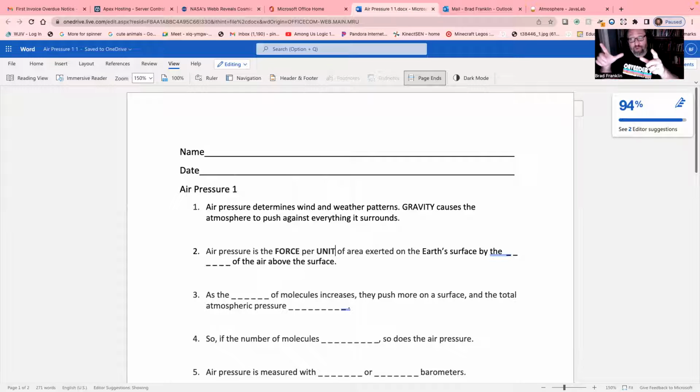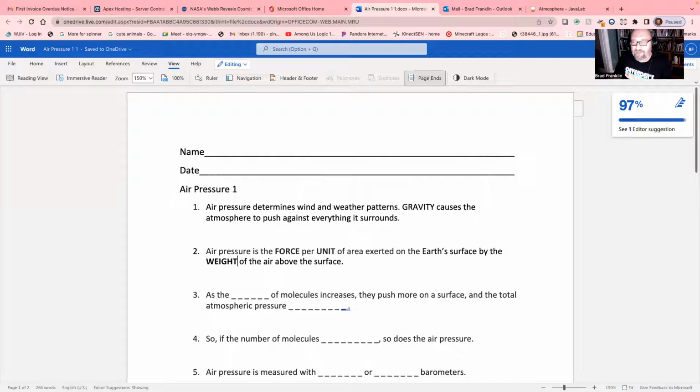So if you have a square foot, that's how much force is being pushed down on the square foot by the air. So by the what of the air? We're talking about gravity still, right? So what do you call that? Measuring how much the gravity is pulling on something starts with a W. Weight. It's weight.